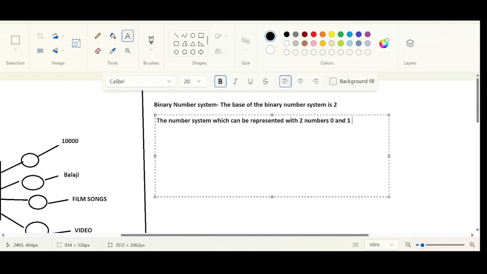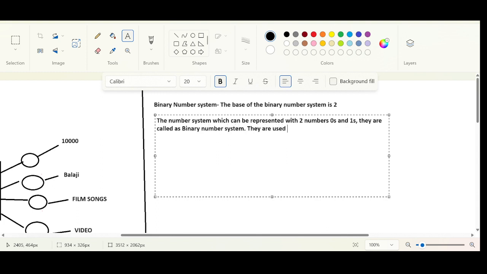You can use either 0 or 1 or a combination of zeros and ones. You cannot use any other numbers apart from 0 and 1. So the number system is represented with two numbers, zeros and ones. They are called the binary number system.